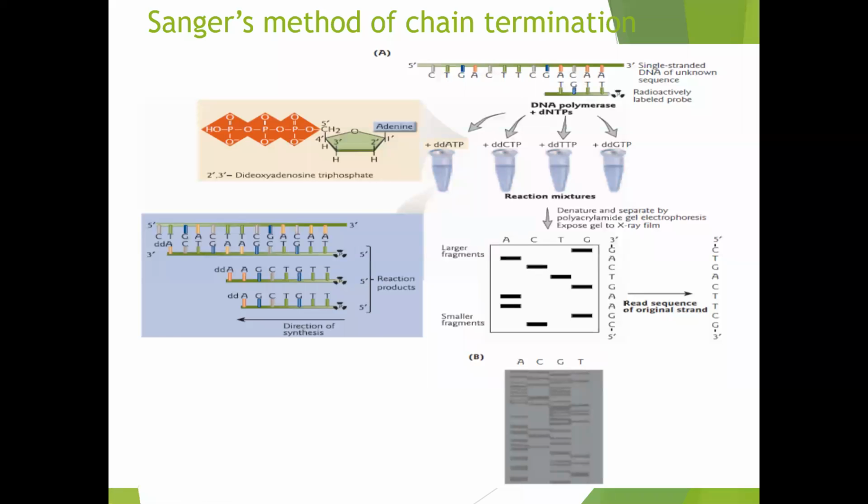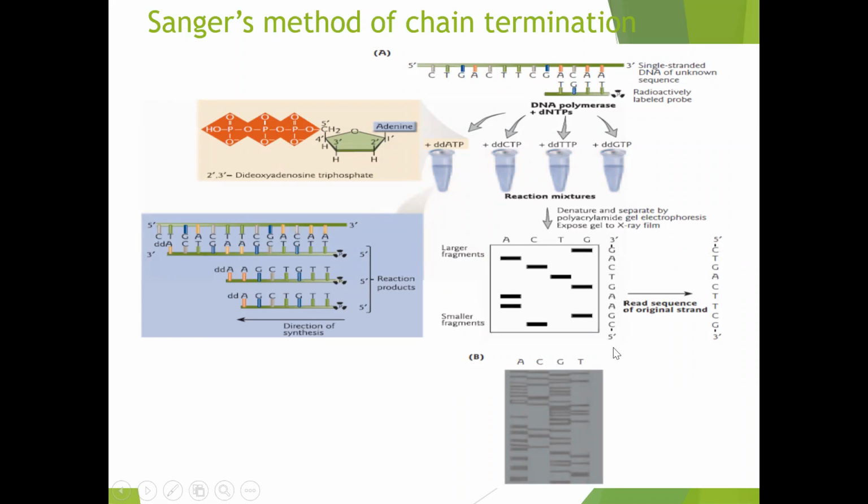That means the newly synthesized DNA fragment sequence in 5' to 3' direction when you read the gel from bottom to top. And the complementary sequence will be your template sequence for which you want to determine the sequence. The complementary will be C, T, G, and so on.